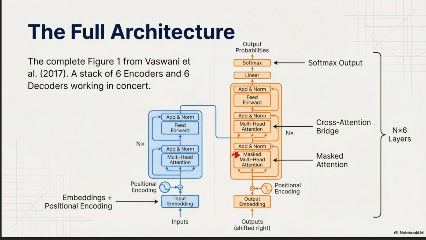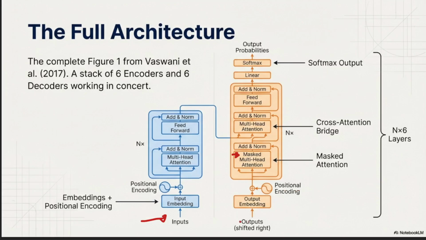This brings us to the full architecture. This is a very famous figure from the paper, with a stack of 6 layers in the encoder that processes the input into a deep contextual representation, here using the embedding, tokenization, and positional encoding. We go to the multi-head attention, normalize, go to the feed-forward, and normalize again.